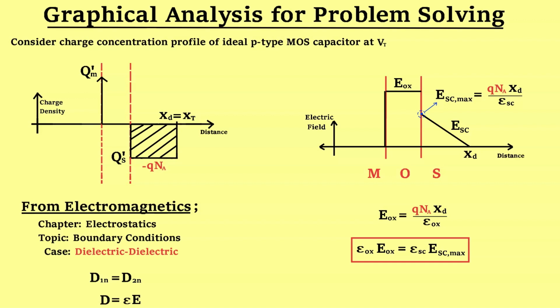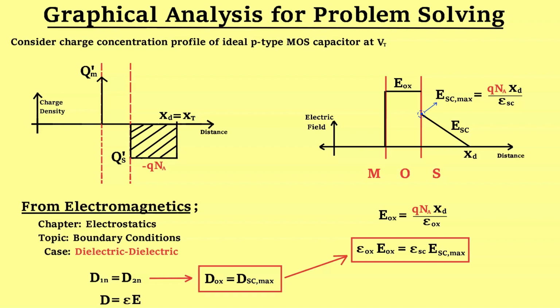Here, when we are dealing with a device, all the electric field component is normal only. There is no tangential component of electric field within the device. So, if we consider the first medium to be oxide and the second medium to be semiconductor, then the electric flux density within the oxide will be equal to the electric flux density within the semiconductor just before the interface.